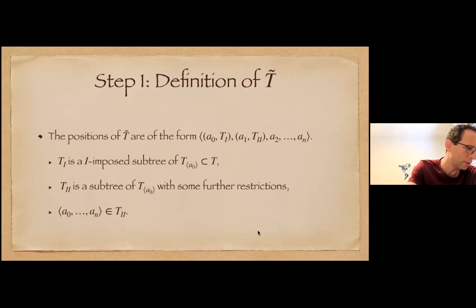So it's a subtree of T_A0 with some further restrictions that I will mention soon. And finally, the sequence A0 to An must be in T2. Okay, these are the rules of the game, except some further restrictions that I haven't mentioned yet. So this describes the possible moves, the possible positions in this game. Now I'm going to give you the further restrictions.